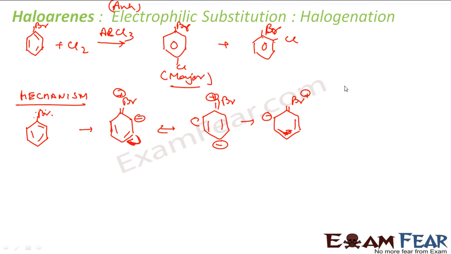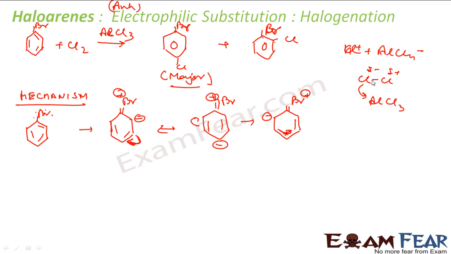With AlCl3 and Cl2 I get Cl plus and AlCl4 minus. See, what it does is, there is a Cl-Cl bond, slightly negative, slightly positive. So AlCl3 will attract the slightly negative side, so it will form AlCl4 minus and Cl plus.